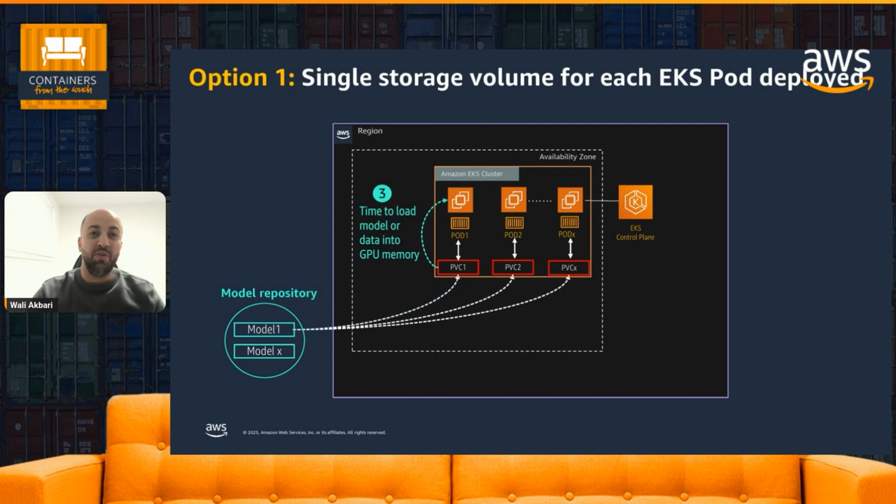And then the model data needs to be loaded from the PV that's attached to each pod into the GPU memory. Then you can start inferencing. So that's a few hops before you can actually start inferencing, and that can affect, obviously, your pod latency and pod startup time, and also time to inference and time to first input and output token, right, for your app.